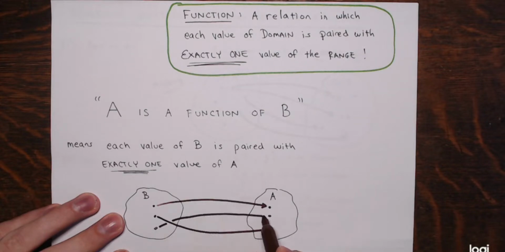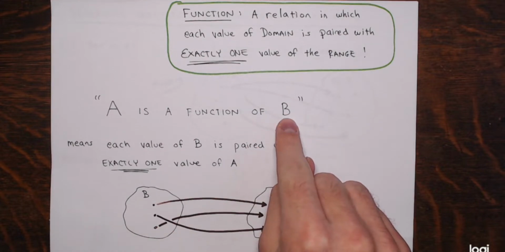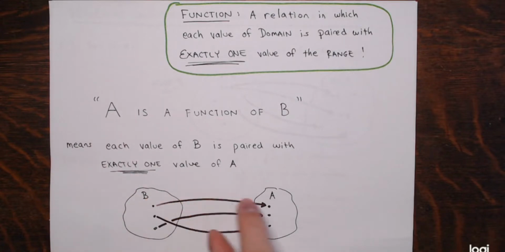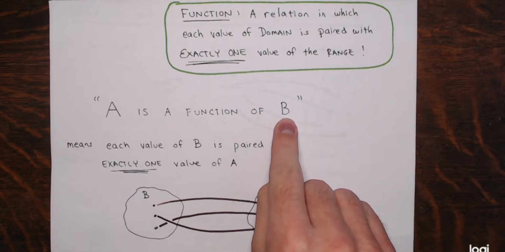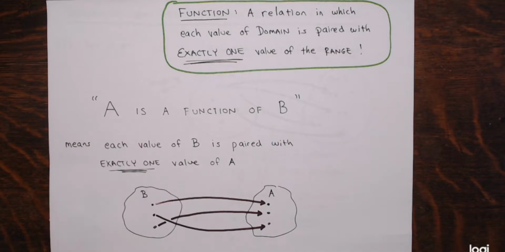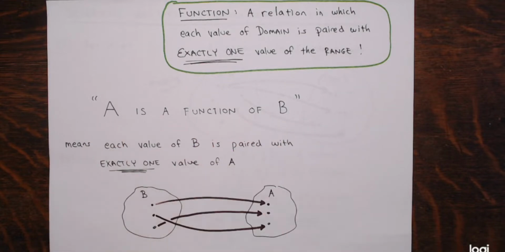But every element of the second quantity pairs with exactly one element of that first quantity. So the input set, the domain, is the B here, and the range set, or A, is the set of outputs. So we're going to see this wording come up as well. A is a function of B, one quantity is a function of another quantity.